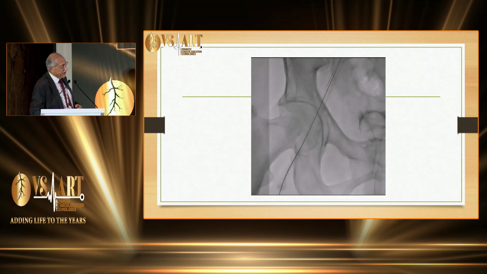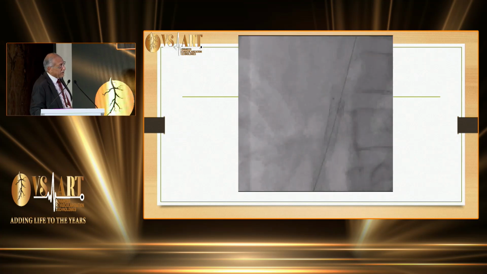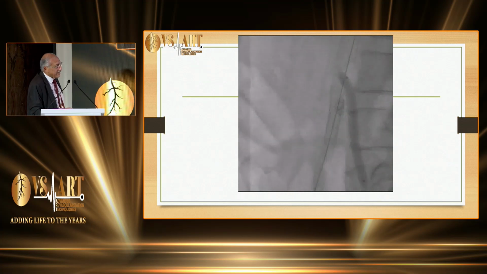We got the wire from the right side, so at least to have some body floss, we could do something about this. And we put a balloon from the left side to the right side, trying to break this tissue. Again, all this did not work.